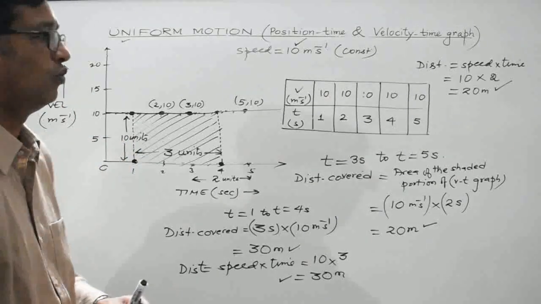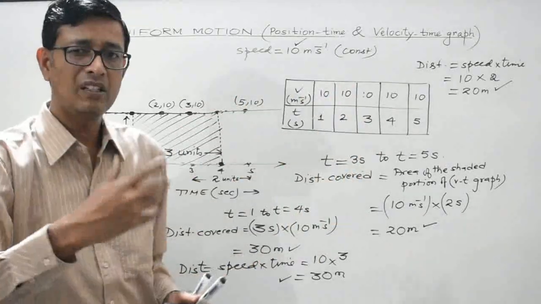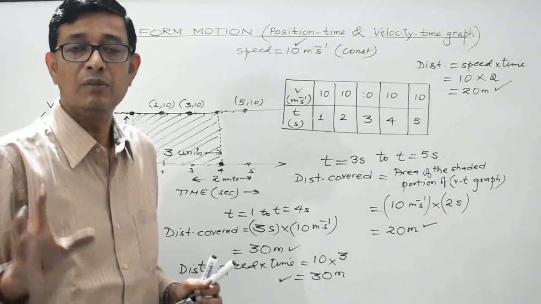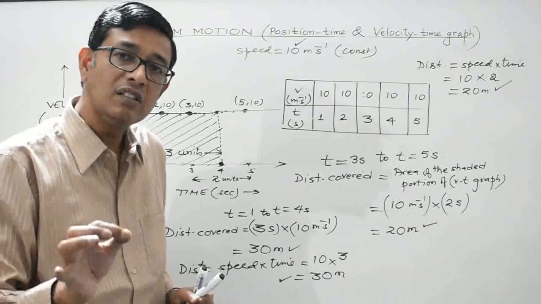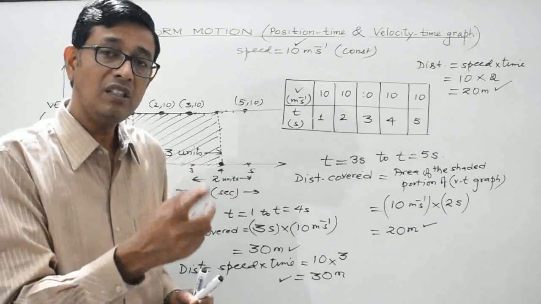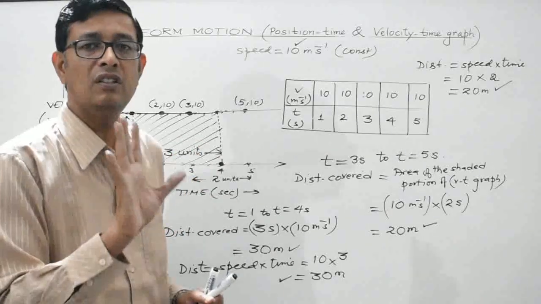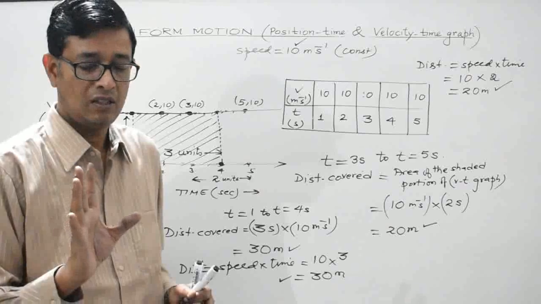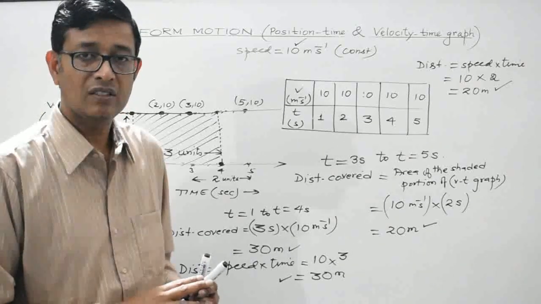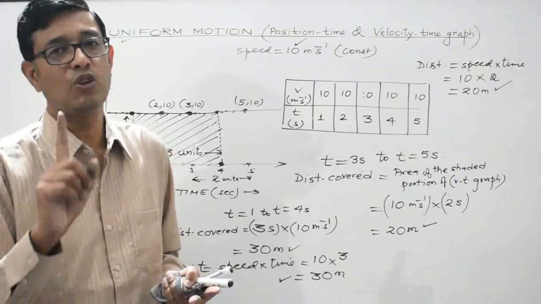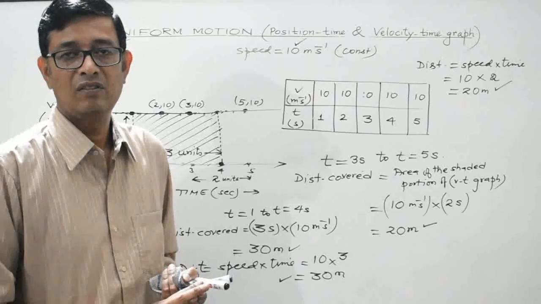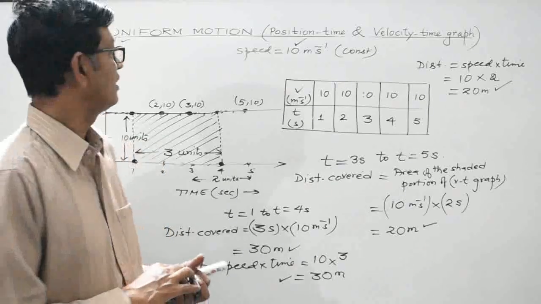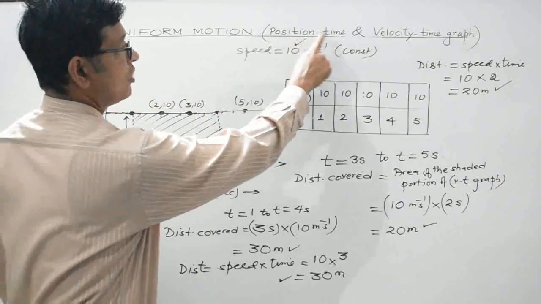Right? So whatever we have discussed, let me recapitulate it. Uniform motion means the body covering equal distances or equal displacements in equal intervals of time. However, the time intervals may be small, right? And what are the important characteristics? First, the speed of the body should be constant. Second point is the position time graph.